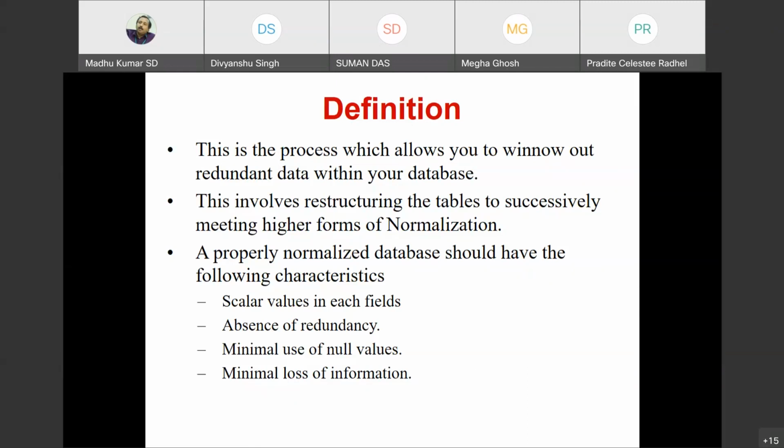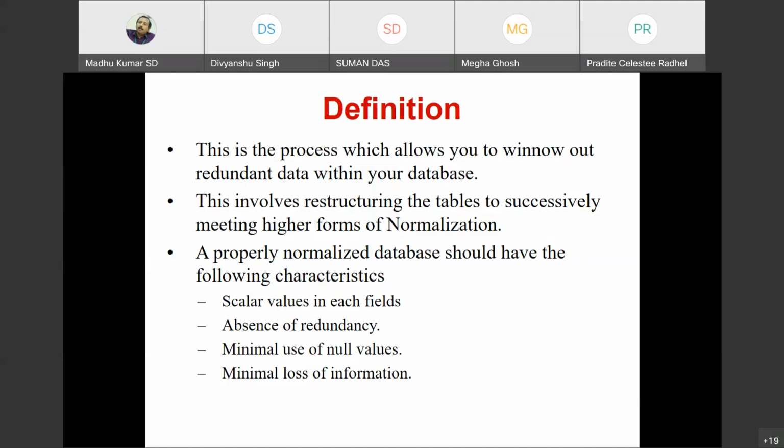More redundancy means more wastage of memory, and not only that, it brings a lot of anomalies, anomalies during insertion, deletion, updation, etc. So in general, it is always better to reduce the redundancy, and practically it is impossible to eliminate it.